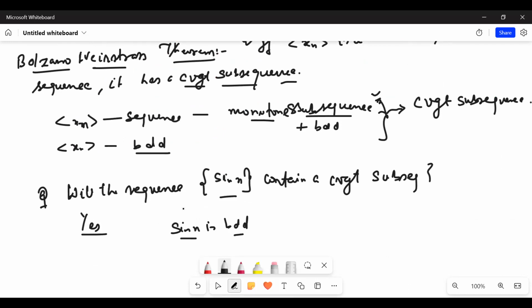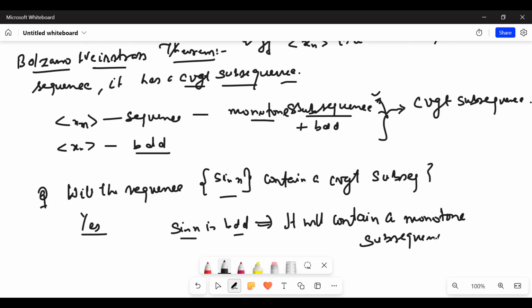Any real sequence always contains a monotone subsequence, and since sin n is bounded, it will contain a convergent subsequence.